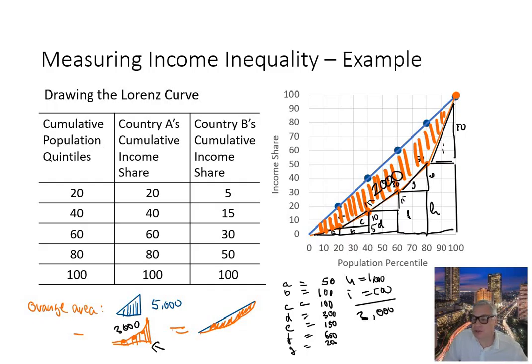Okay, so now the Gini coefficient is 2,000 over 5,000, which is 0.4.